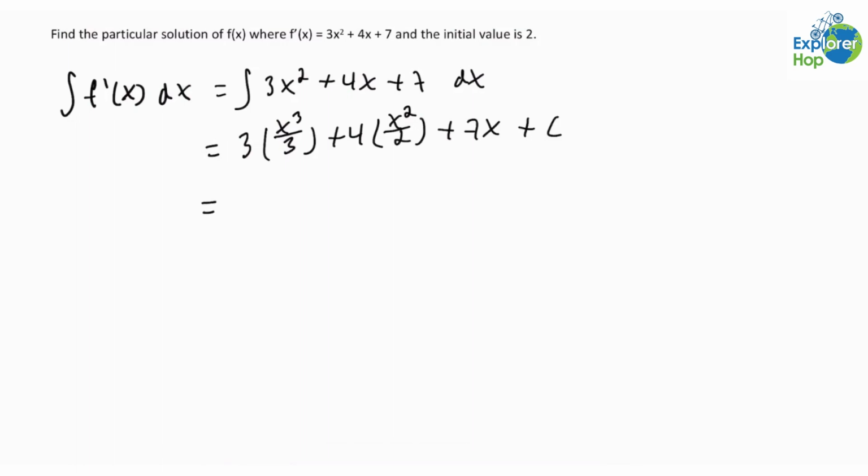And this is equal to x cubed plus 2x squared plus 7x plus c. So this gives us the general solution of f of x.